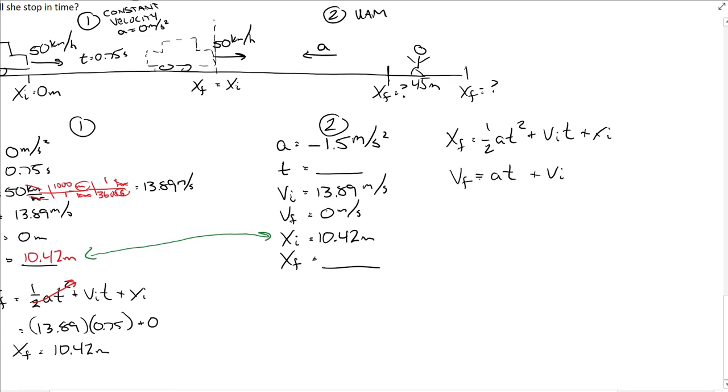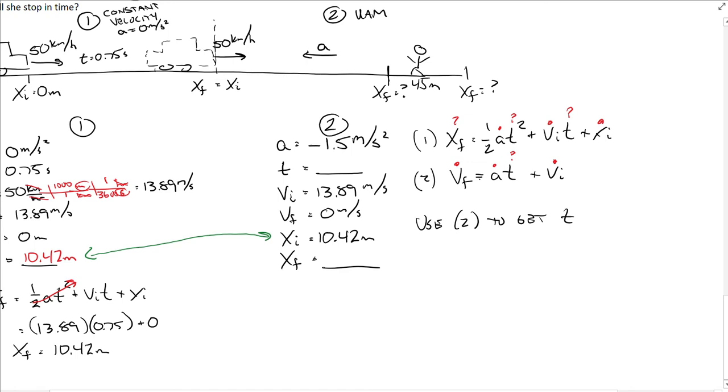I want x final, but I don't have time. However, I do have v final, a, and v initial, and so I can use equation 2 to get the time to stop.